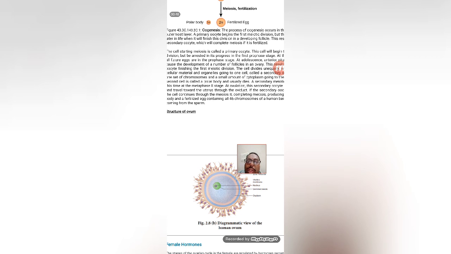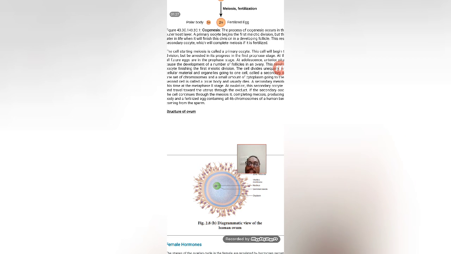Once one sperm has gone inside, crossed the ooplasm, and they have mixed their chromosomes, many other sperms may be coming in through the corona radiata, and we will study about that. When it comes in, these sperms will be blocked at the border of the vitelline membrane. So the vitelline membrane will never allow these sperms to go in. That is the main function of this vitelline membrane.